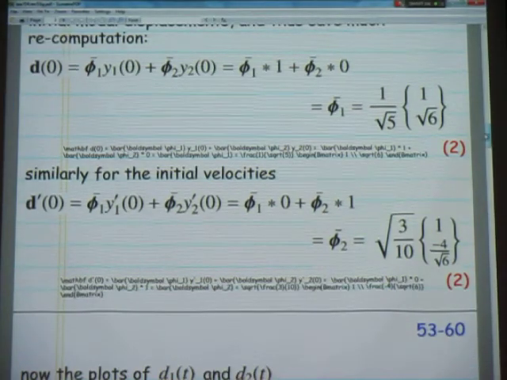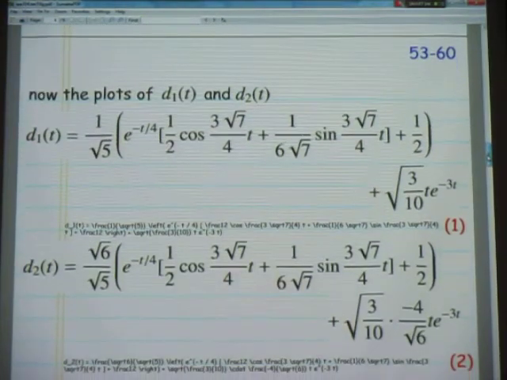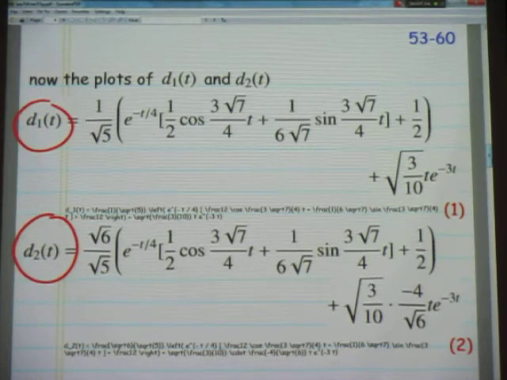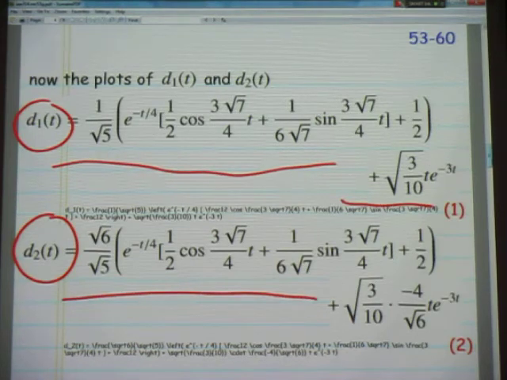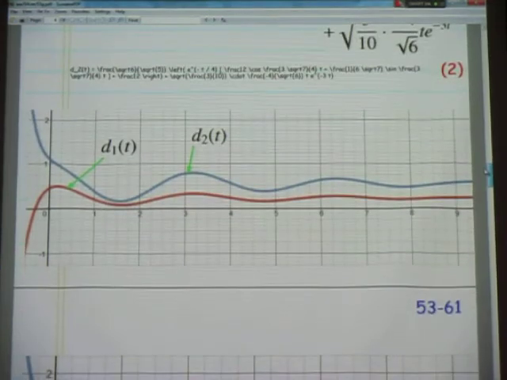All right. And so if you want to plot, you want the expression for D1 and the expression for D2 separately, so that you can code them up in decimals. And that's just the expression, instead of in matrix form, now you have two scalar functions. And so the next step is just plotting, and this is the plot here.